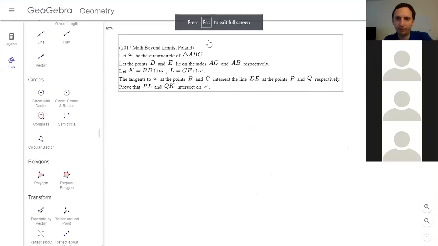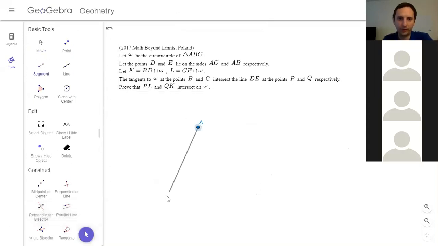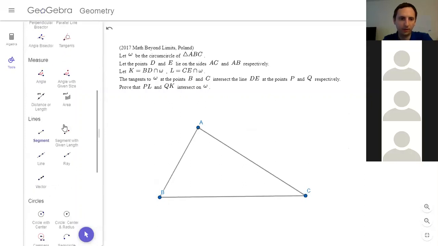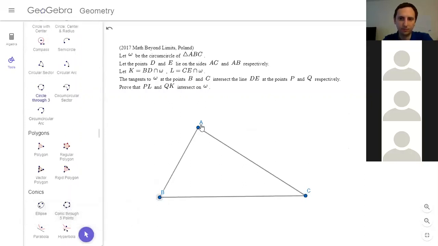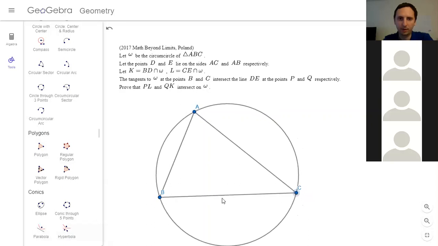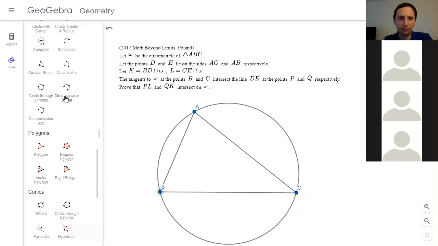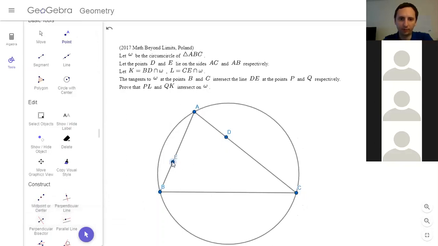Yeah, this one I think looks maybe a little bit easier. So we have the circle of ABC. Let D and E be 2 points on AC and AB. So there's a lot of sort of flexibility in the configuration.